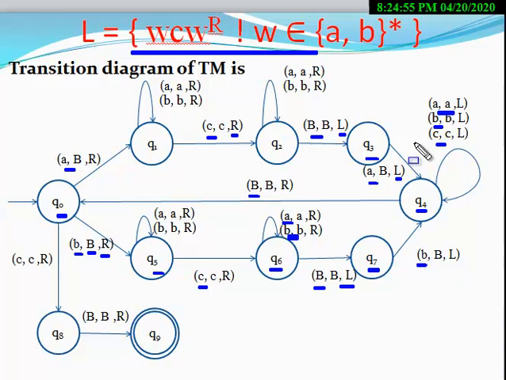So when the input string W appears, the machine uses either this cycle or this cycle. Using these two cycles, the machine removes all the input symbols belonging to W and to WR.